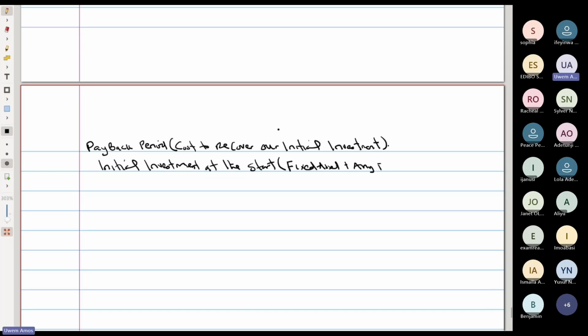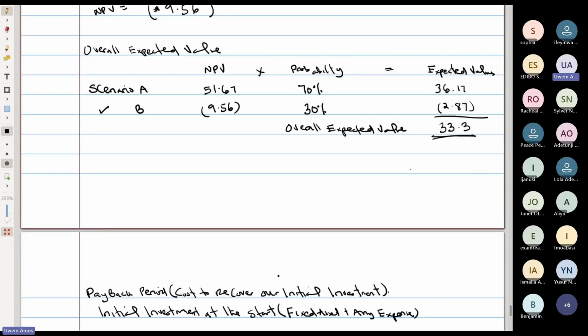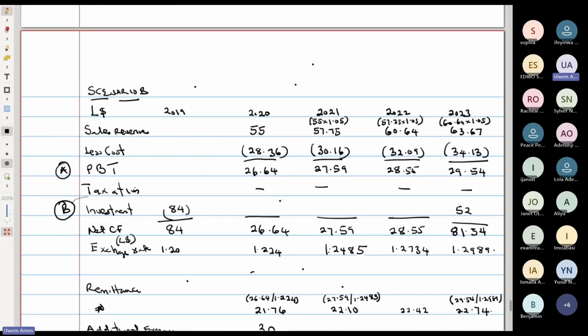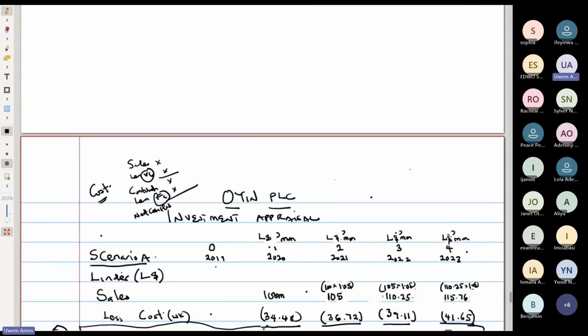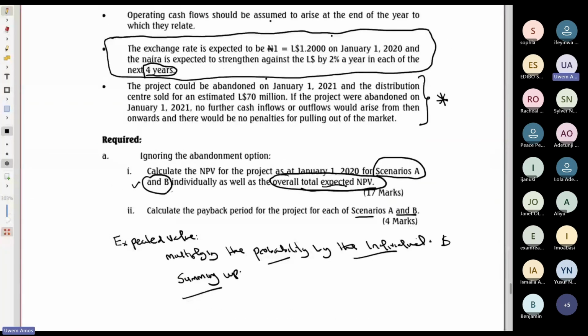Because when you invest money at the start of the business, it could be that you bought some assets. It could also be that you did some other startup expense. We need to be able to determine how we recover our startup investment. So let's go to our question and see how much we spent in total at the start. We're going to compute our values in naira, since our final answer is in naira.